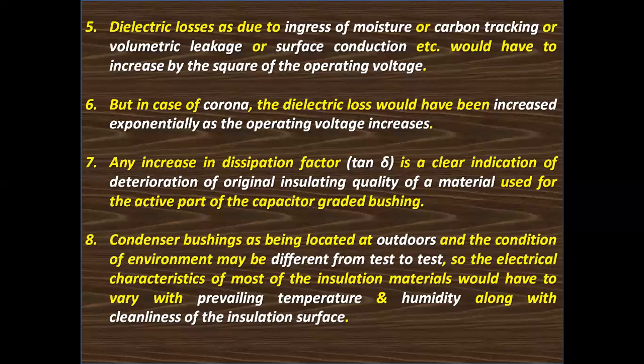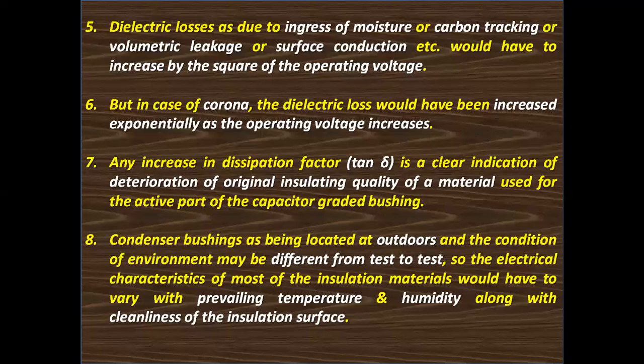Any increase in dissipation factor, that is tan delta, is a clear indication of deterioration of the original insulating quality of the material used for the active part of the capacitor graded bushings, that is condenser bushings.